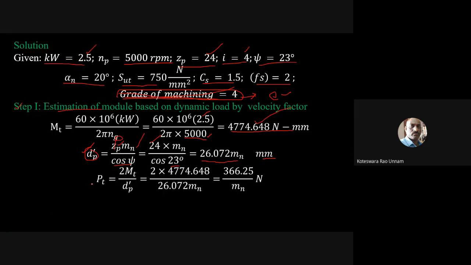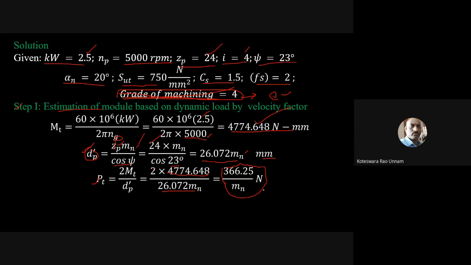Like I said, Pt is nothing but 2Mt by dp dash. So 2Mt value is 4774.648 divided by dp dash, which is 26.072 Mn. If I substitute that, I'll get the tangential force as 366.25 divided by Mn newtons.